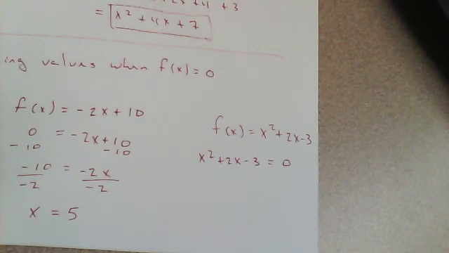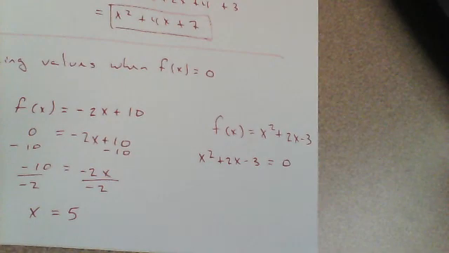I'll give you a hint. That x squared makes it a quadratic equation. Are you saying you need the quadratic formula? Heck yeah, I am. Use the quadratic formula. This one you might be able to factor.